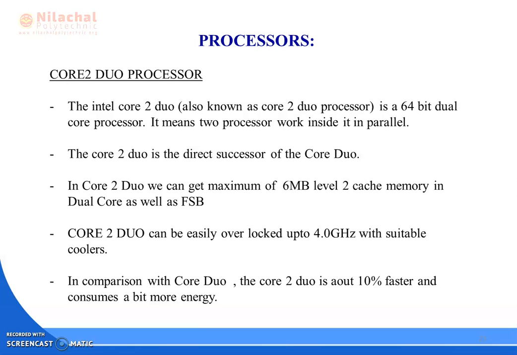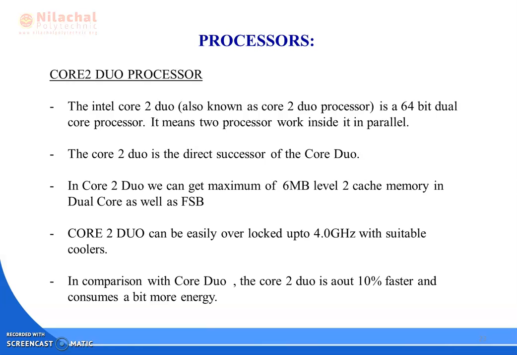As there is more than one processor, it obviously increases the working performance of the system, and it puts less pressure on the system too, so that it does not have any adverse effect on the system. So we will be discussing the topic, that is Core 2 Duo processor.